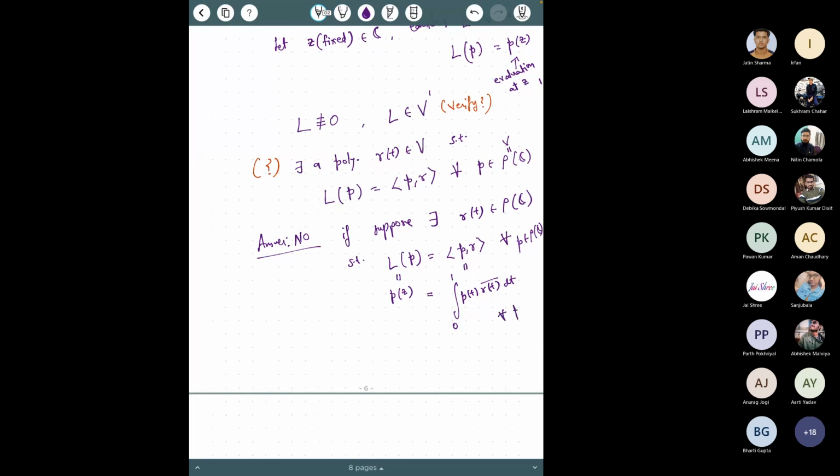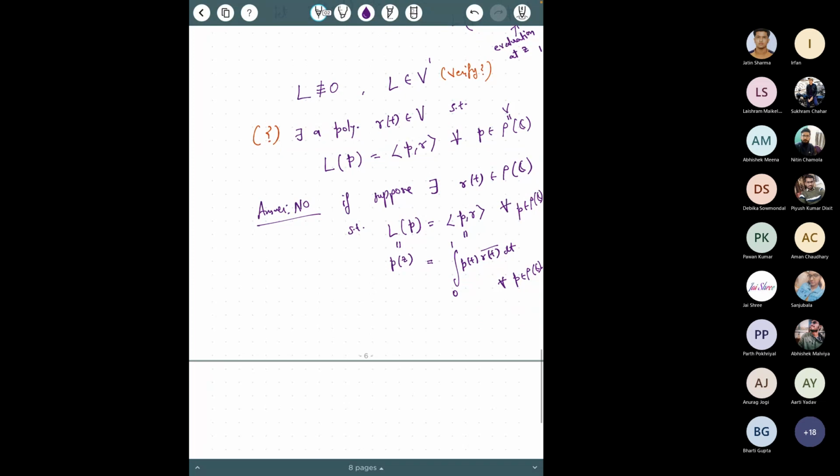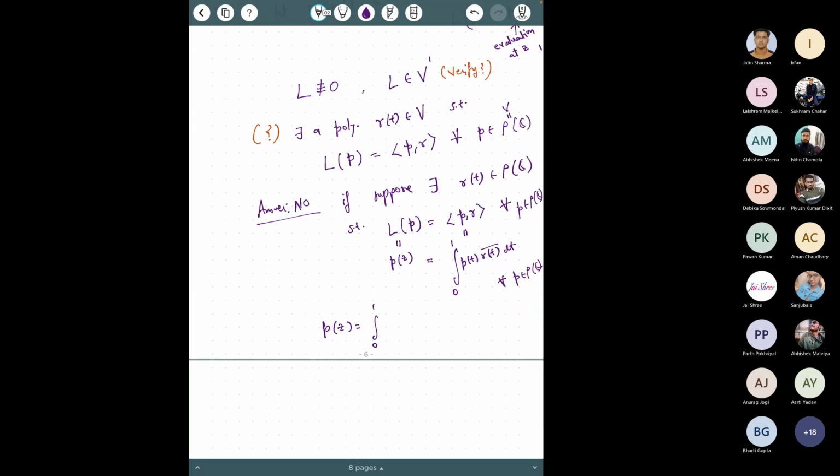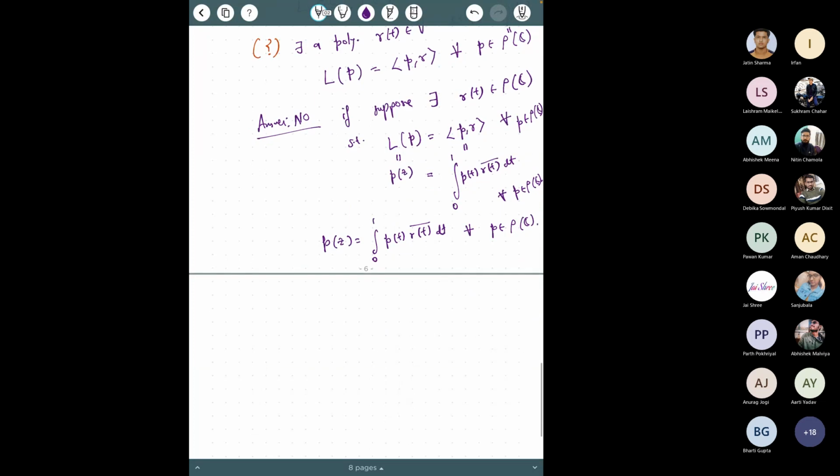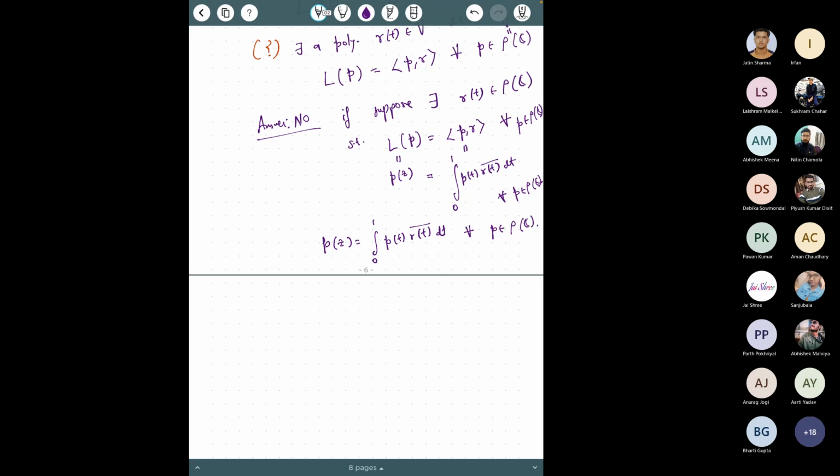So we have that P(z) is equal to the integration from 0 to 1 of P(t) R(t) bar dt, and this is true for all P in this space. Now, in particular, let us set H(t) as the polynomial t minus z. z is a fixed quantity and t is just a variable.